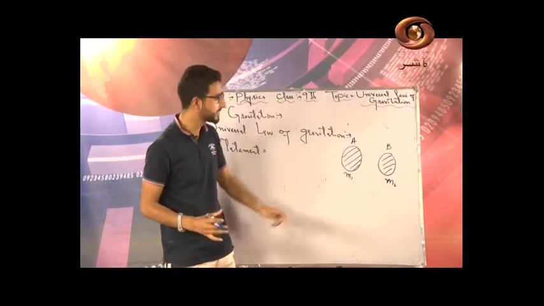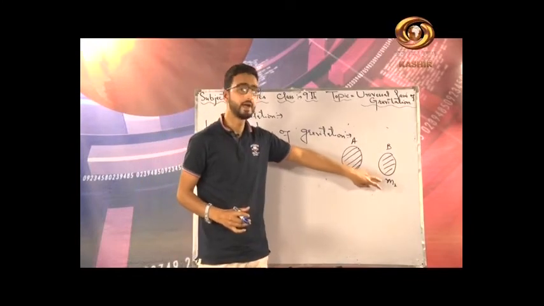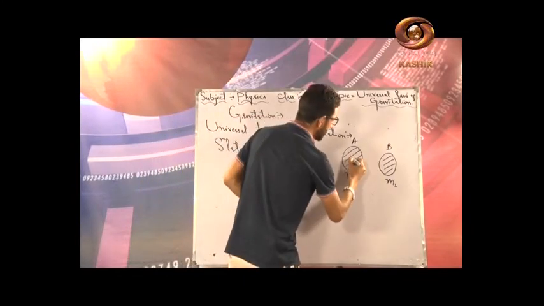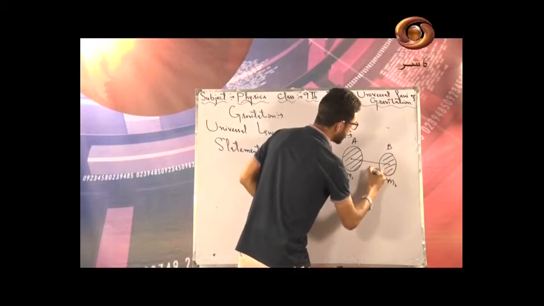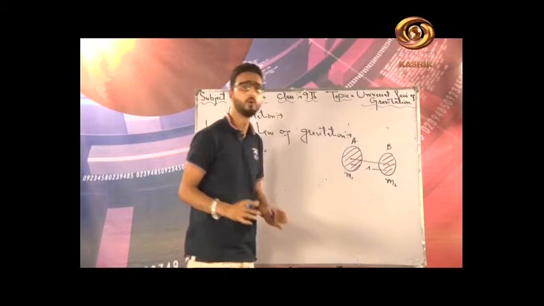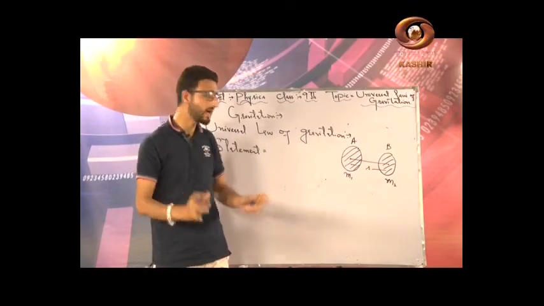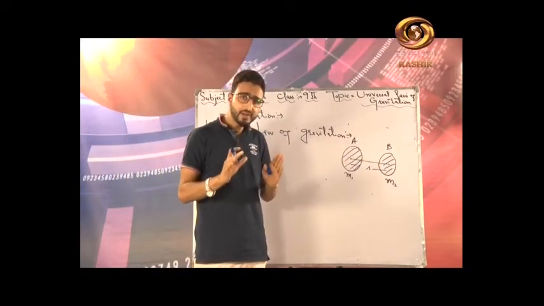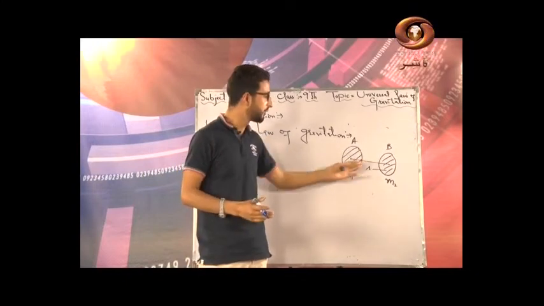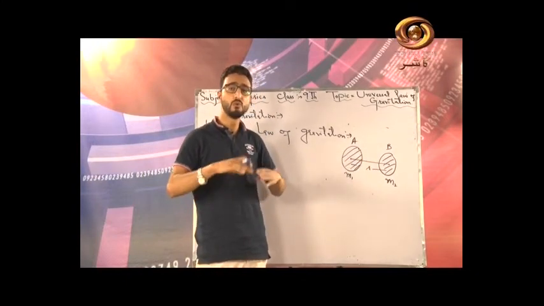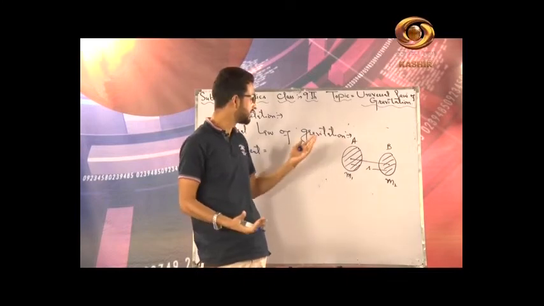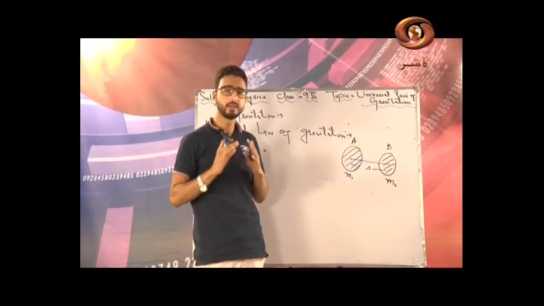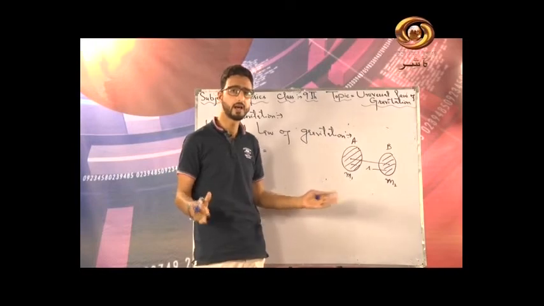I have two bodies of masses m1 and m2, and suppose the distance between their centers is r. Now, as per the universal law of gravitation, its statement is, every body attracts every other body with a force. Now the question is, what is the magnitude of this very force that has been given by Isaac Newton in his famous universal law of gravitation?